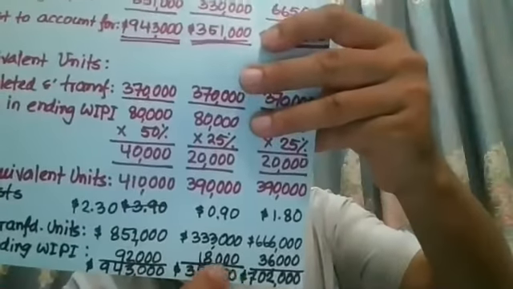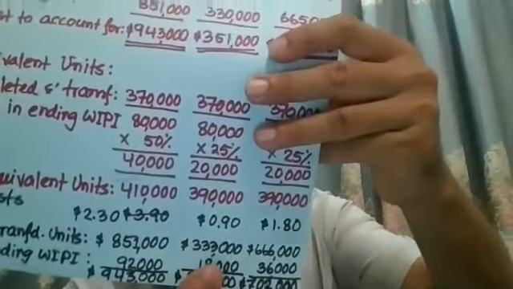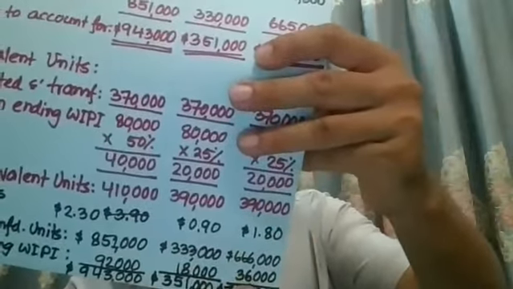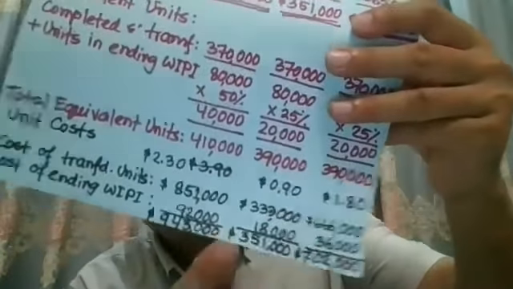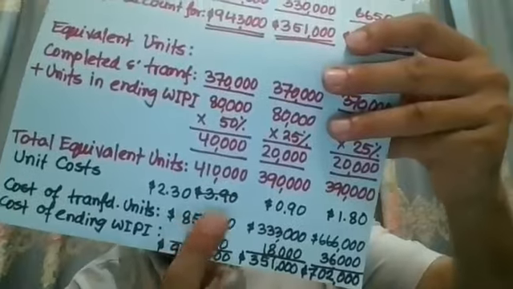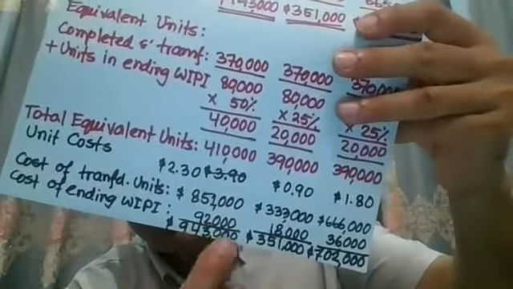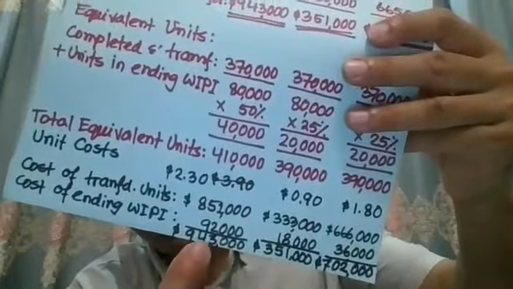Remember, 80,000 times 25%, because for labor and overhead, they are only 25% complete. So 80,000 units in our ending work in process, multiplied by 25%, gives you 20,000, and also 20,000. So 20,000 times 90 cents is, you can do it even without a calculator, $18,000, and 20,000 times $1.80 is $36,000. Just double the 18,000. So now if you add the two lots, you'll find the total amount of material cost that you have accounted for. And see, it is 943.